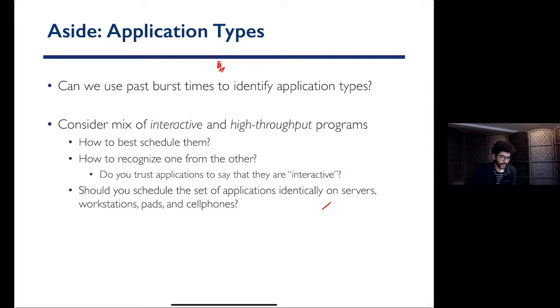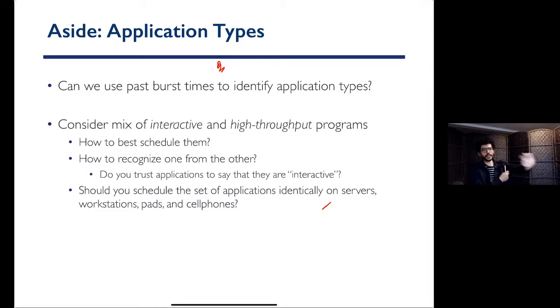Now, I'm going to move on from this application type thingy. One thing about this, the takeaway from this slide and the next slide, is that some people use the information they get from application CPU bursts.